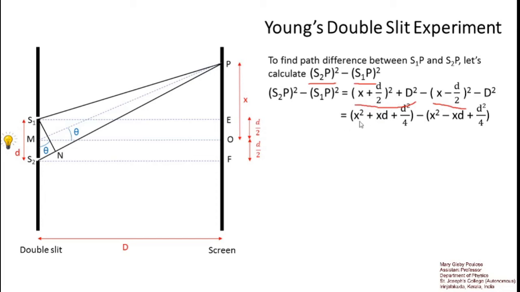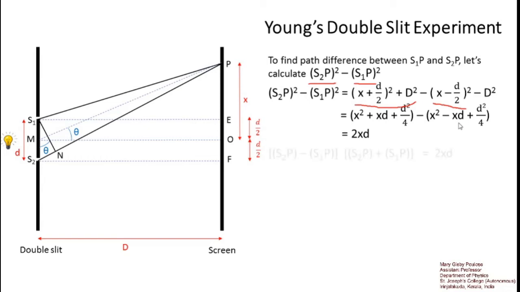So we get x square plus xd plus d square by 4 minus of x square minus xd plus d square by 4. You can write along with me. And this is equal to 2xd. All the other terms cancel out.